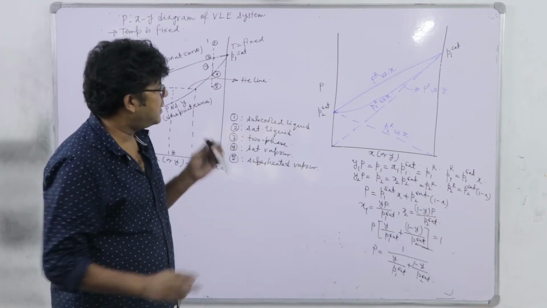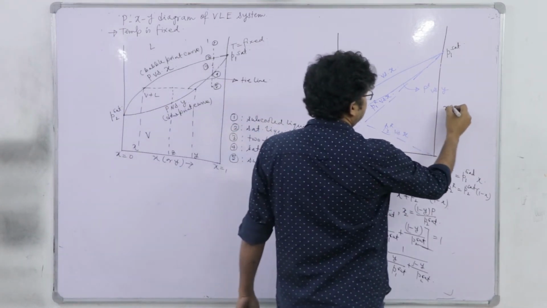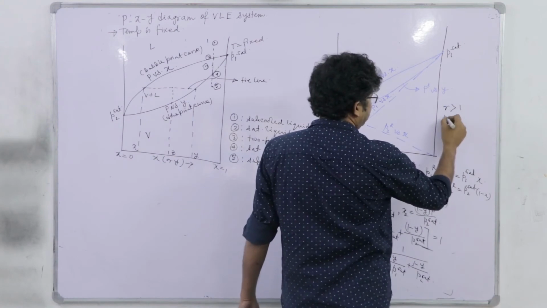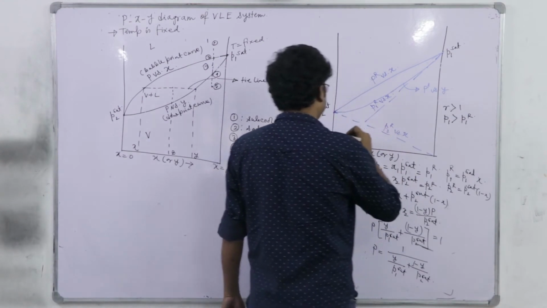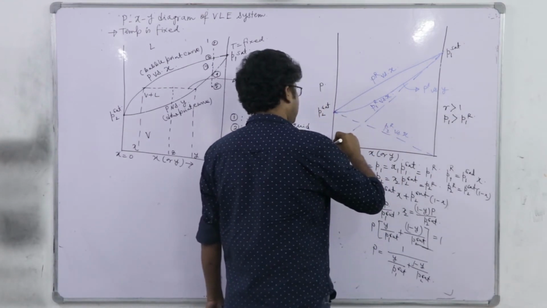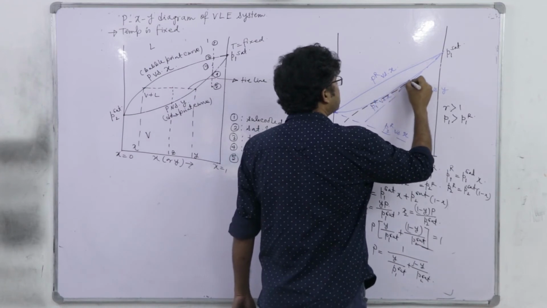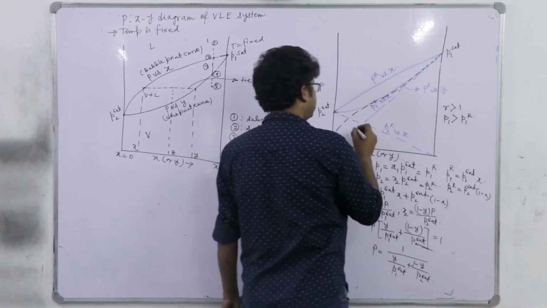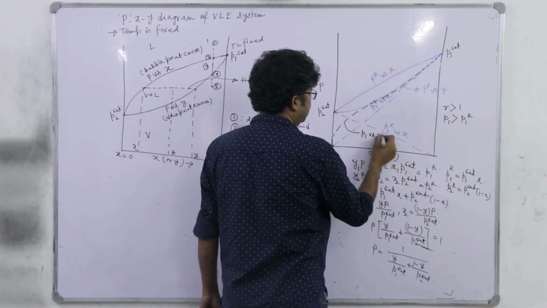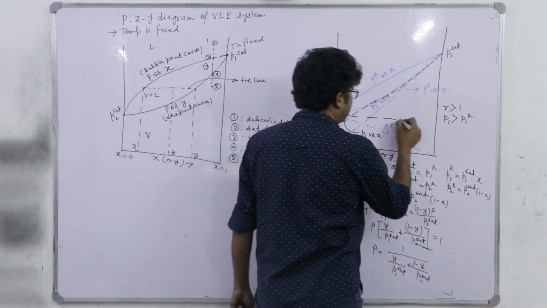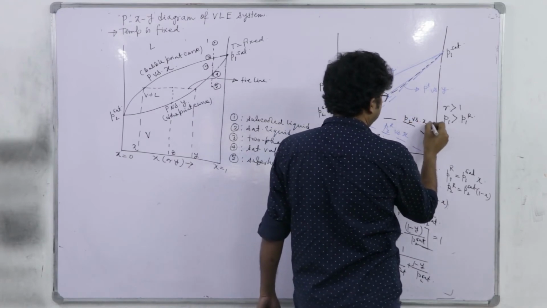Now, let us say we have a positive deviation, gamma greater than 1. So, P1 is greater than P1R. So, we will have this line as P1 versus x, and this line as P2 versus x.